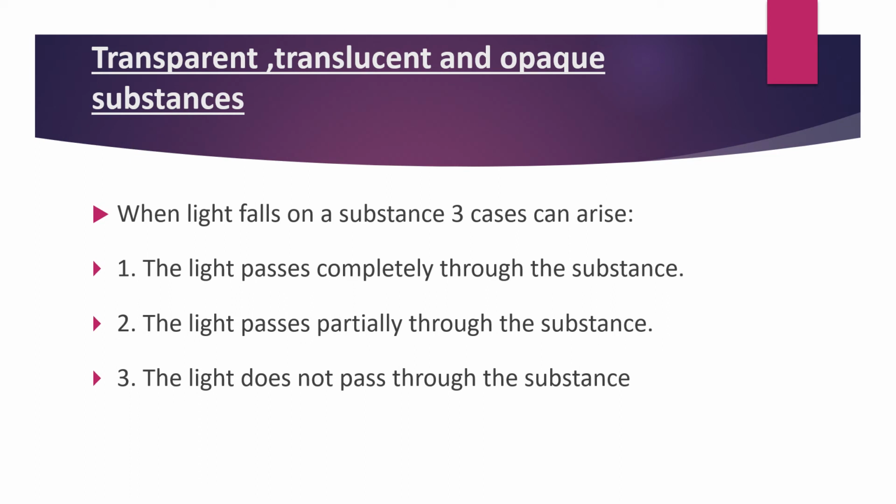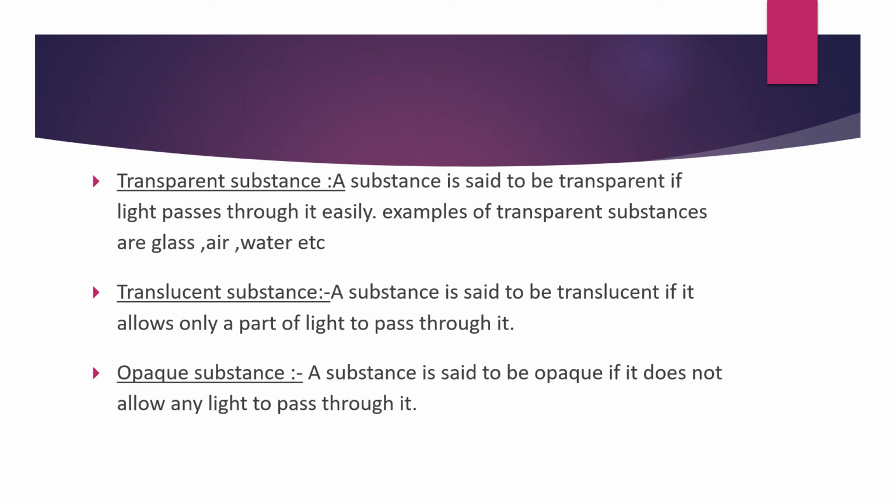And third, the light does not pass through the substance. Depending upon these three cases, we classify the substances as transparent, translucent, and opaque substances.